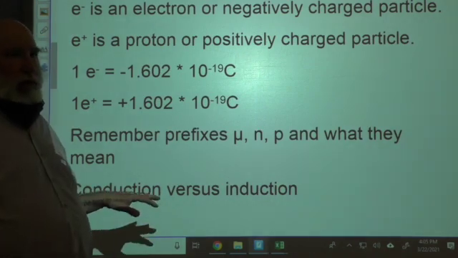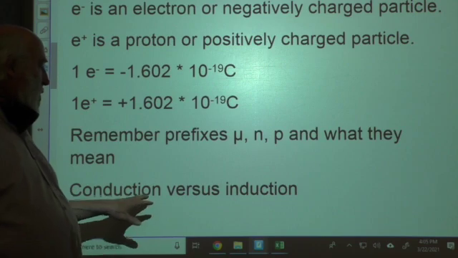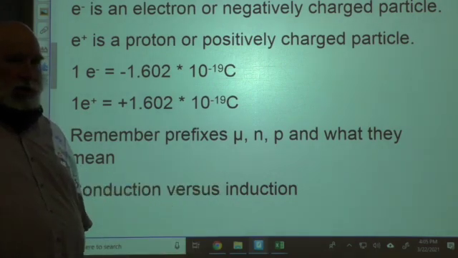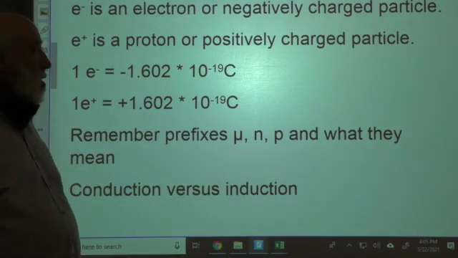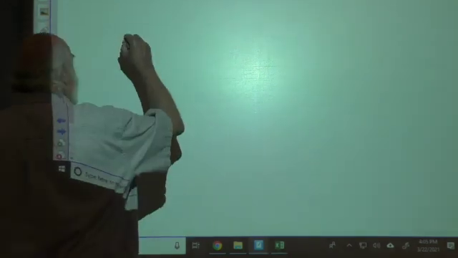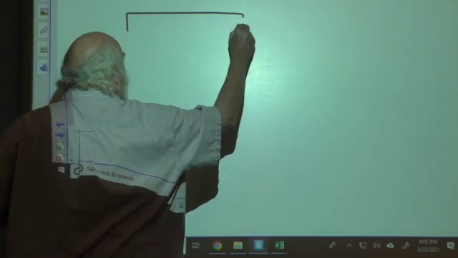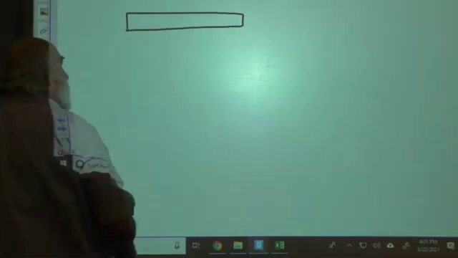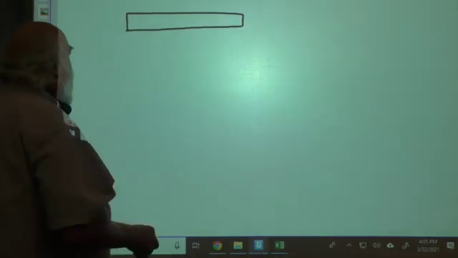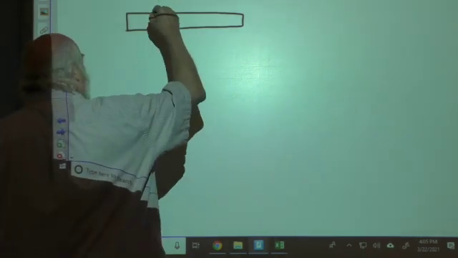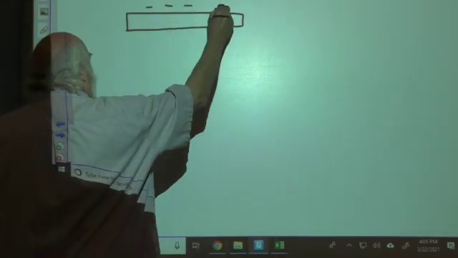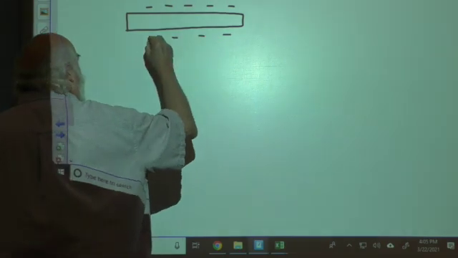One big thing that you need to know about is the difference between conduction versus induction. Conduction, to help you understand, is if you have a piece of metal and you have a buildup of electrons around it, which metals are really good about doing.